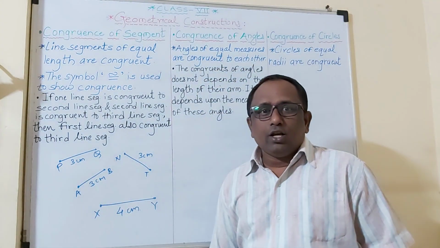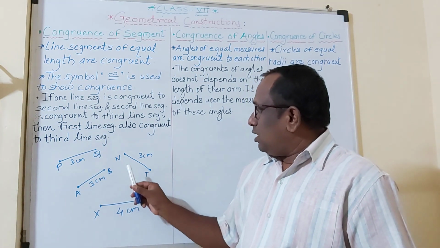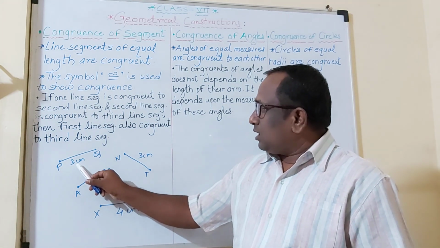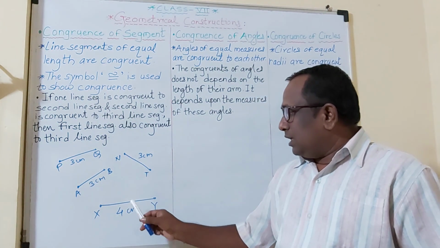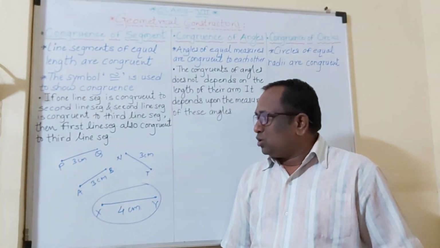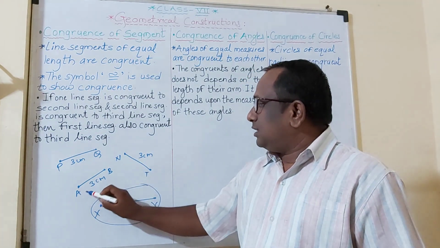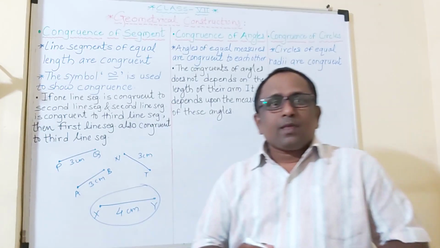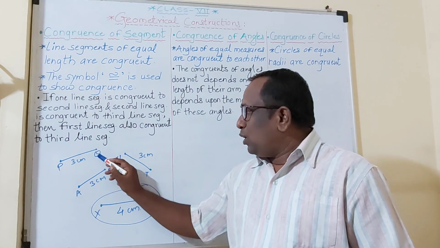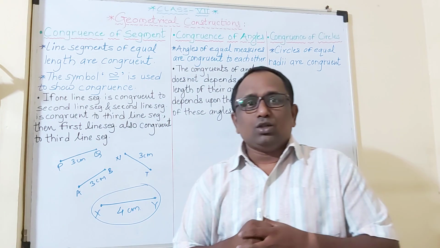If you see carefully here, students, you observe that line segment PQ, line segment NT, and line segment AB have the length 3 centimeter, but XY has 4 centimeter. So line segments PQ, NT and AB have a length of 3 centimeters, which means we can say they are congruent to each other.